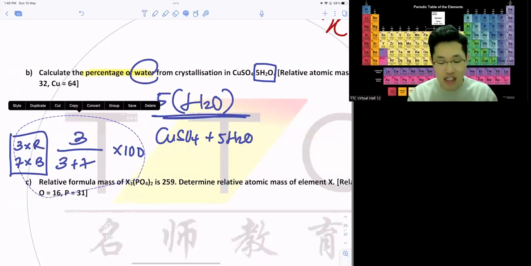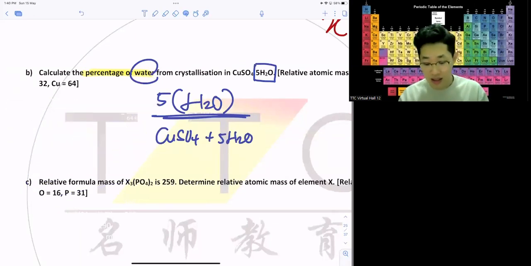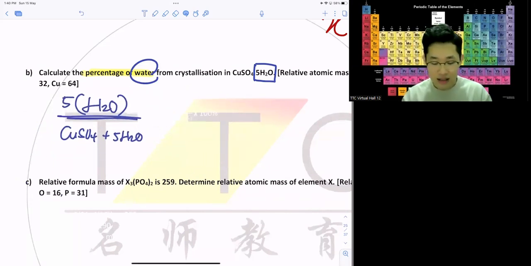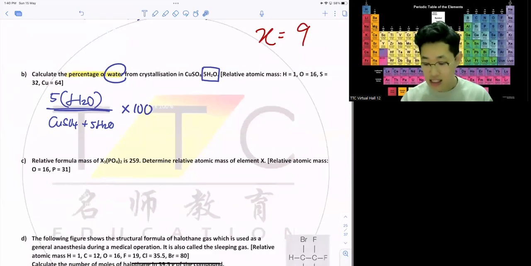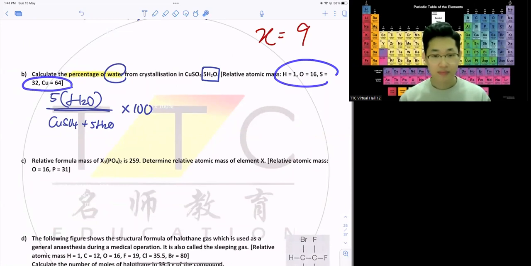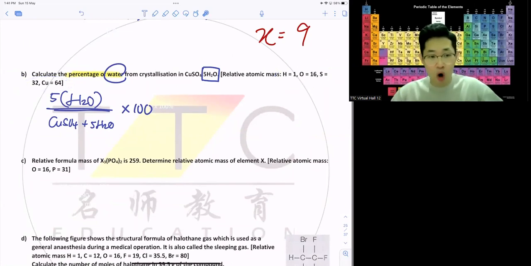Basically, the dot is just plus. And then times 100. What do we do next? Sub in the mass. In chemistry, it's like that. Always sub in a number for different alphabet.